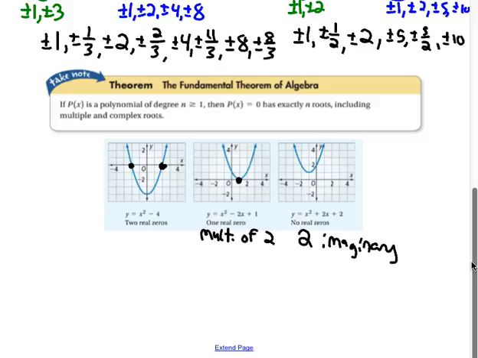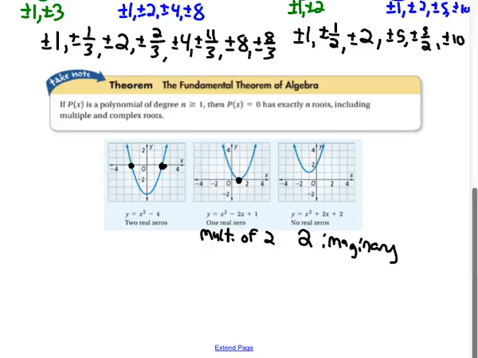So between some combinations of real multiplicities and imaginaries, you always have as many solutions as the degree of the polynomial. That's going to help us because it's going to tell us how many solutions we're looking for the rest of this section.